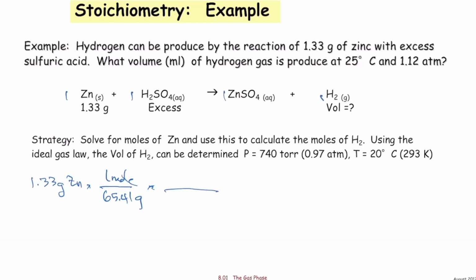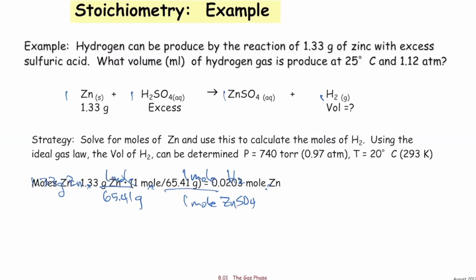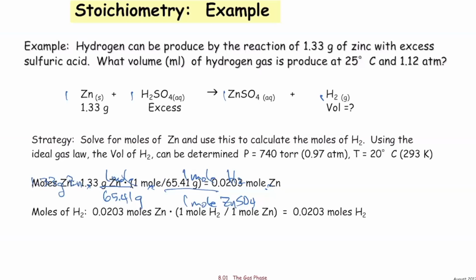It's a 1:1:1 ratio. 1 mole of zinc produces 1 mole of hydrogen gas. And I want to stop there. I need to stop at moles because then I need to convert from dimensional analysis to PV equals nRT. So when I do that, I get 0.0203 moles of hydrogen gas.